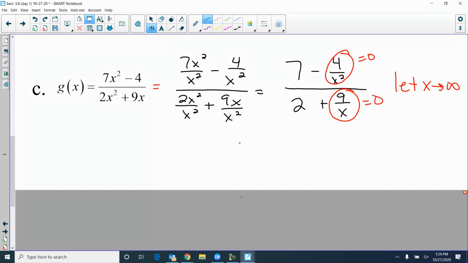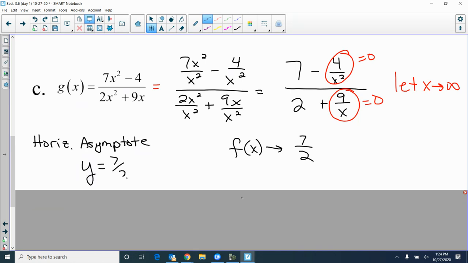And so when we're done, g of x is going to go to 7 over 2, whatever those whole numbers that are left. That's your horizontal asymptote. So my horizontal asymptote is y equals 7/2. Okay, 7/2.